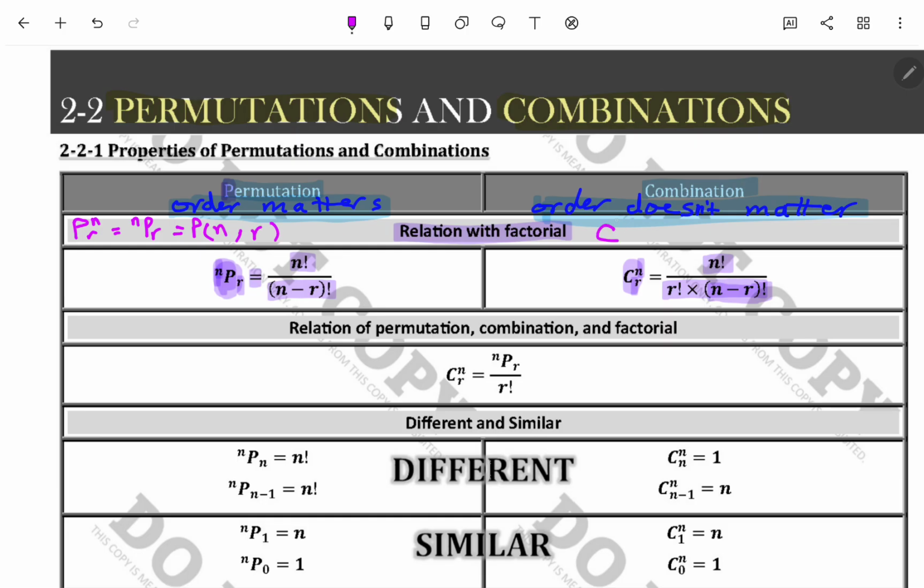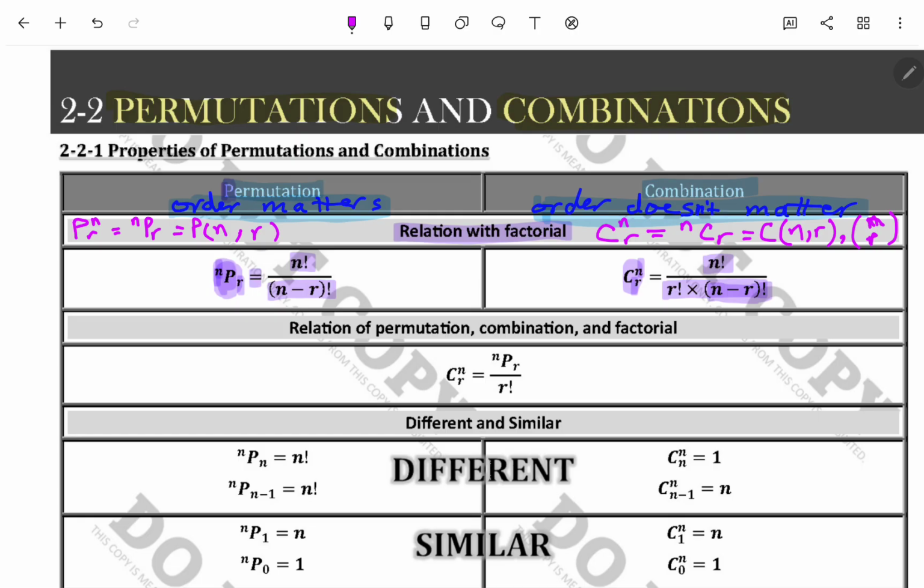Combination can be written in different ways, like n combination r, or nCr, or C with an open bracket including n and r. Or we can have it as a larger bracket including n up and r down without anything between them. And we can read them all as n combination r.